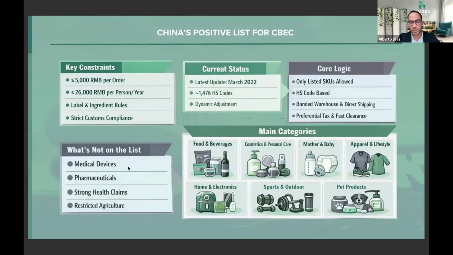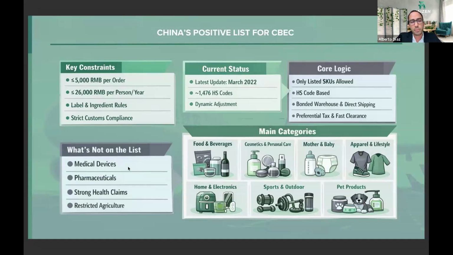For example, FMCG, food and beverage, cosmetics is a very big one, skincare, mother and baby, and pet products, among many others. There are only a few actually that do not qualify, and these are very sensitive industries: medical, some pharmaceutical, some chemical, some very strategic industries and sectors. But for most of the retail categories, this is an option to sell to China.